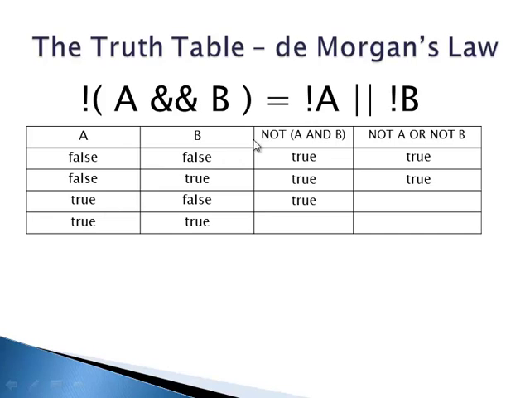If I have a not true here and a not false here, then at least one of these is true, and that resolves to true when I have false or true. Finally, if I have both true, I'll have true and true, which resolves to true, but I will flip that and it will become false. And if I have a not true or a not true here, neither one of them is true, so again that resolves to false.